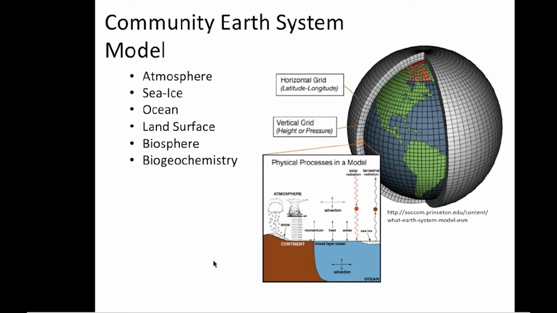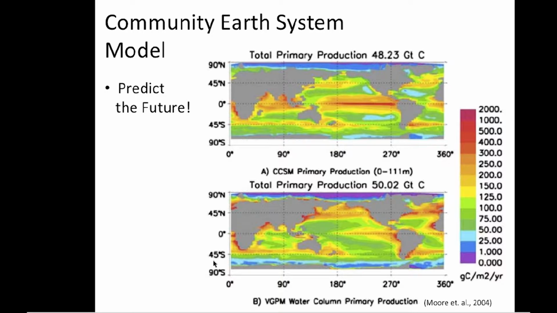The purpose of these Earth system models is to eventually be able to accurately predict the future. This is a figure from Moore et al. in 2004. On the top panel is a model of phytoplankton primary production, and on the bottom panel is a real satellite estimate showing real-world data of phytoplankton primary production.